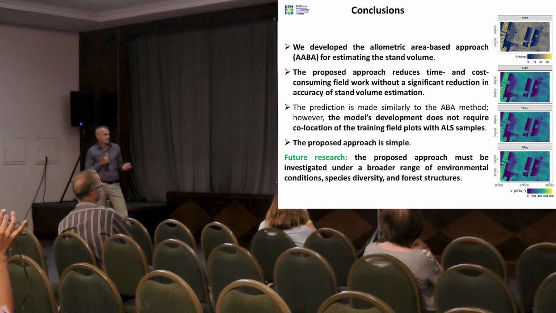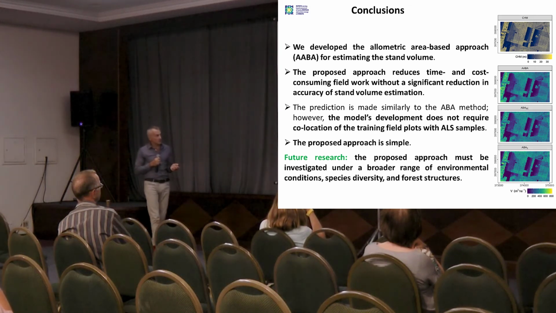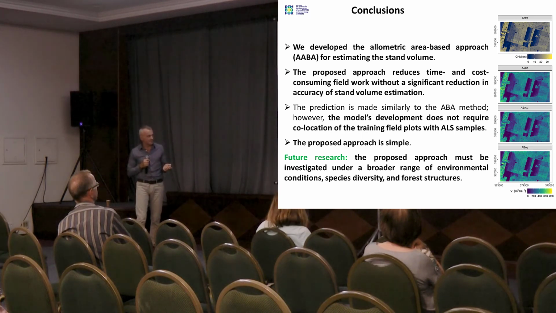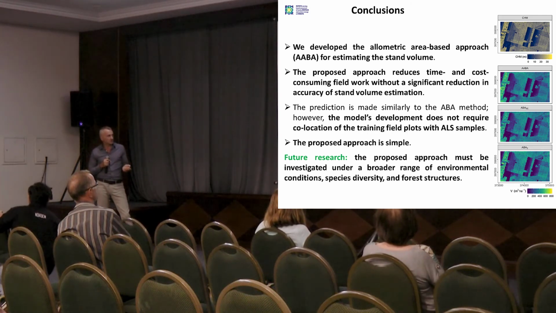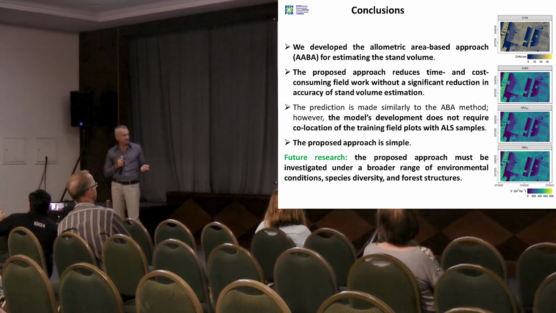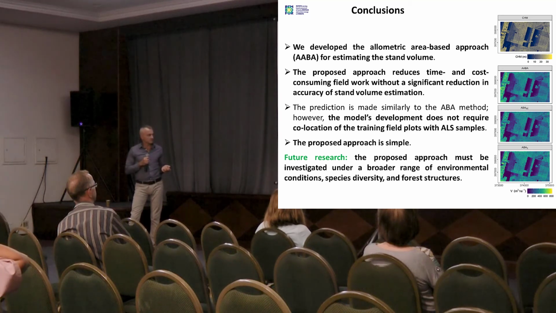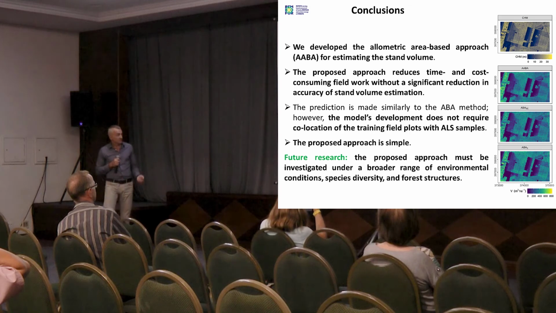And the conclusions. The proposed approach reduces time-consuming and costly fieldwork without significant reduction of accuracy of stand volume estimation. The prediction is made similarly to the ABA method. However, the model development does not require co-location of sample plots. The proposed approach is very simple.